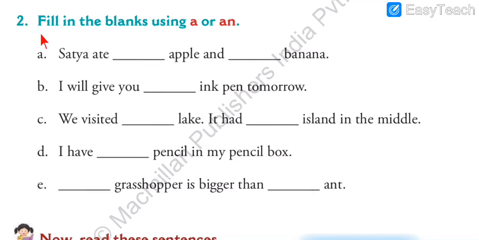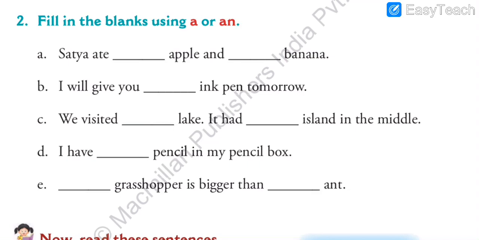Exercise number 2. Fill in the blanks using A or N. So now, as we did in the previous exercise, we have to again solve this exercise by correctly placing A, N in the following blanks. Let us read the first sentence with a blank. Satya ate dash apple and dash banana.